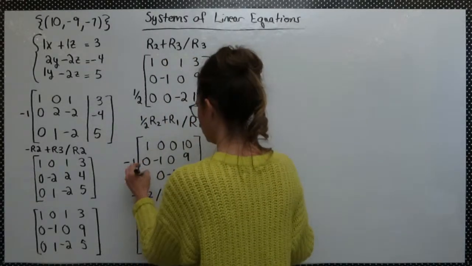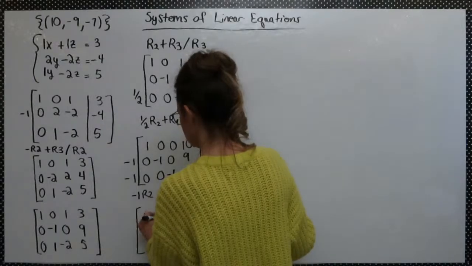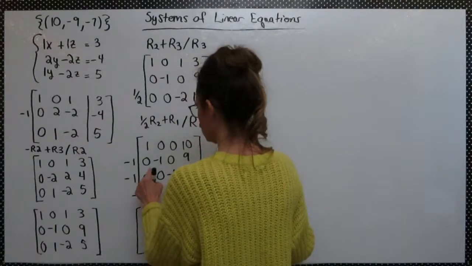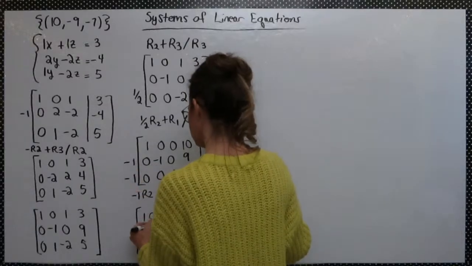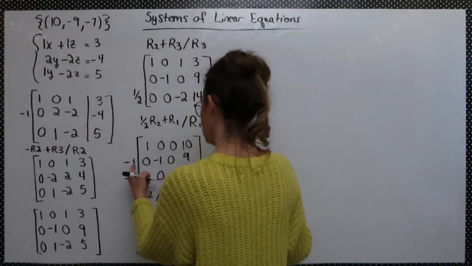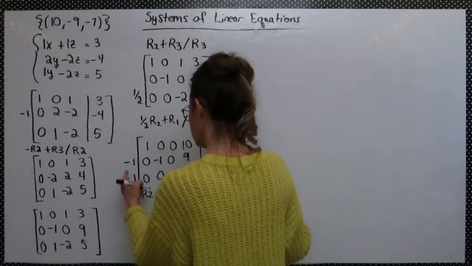All right, so this one is 1, 0, 0, 10. This one is going to be 0. 2 negatives make a positive: -1 times 0 and -1 times 9.